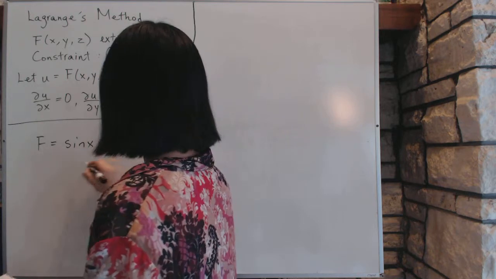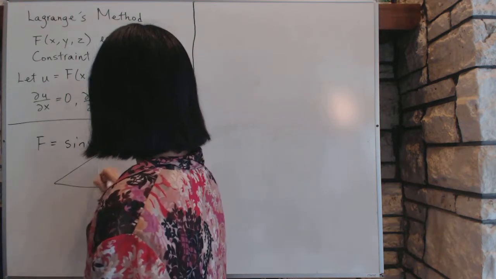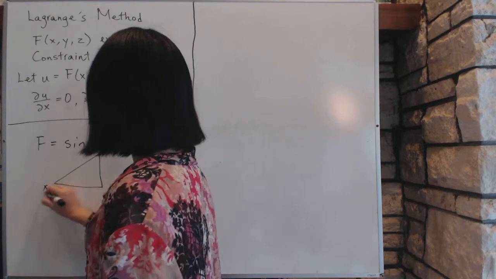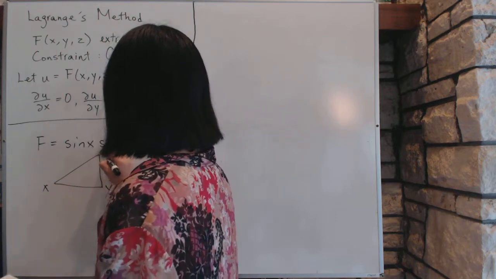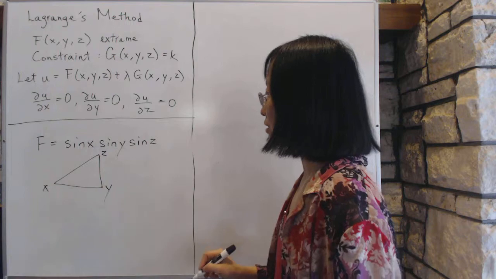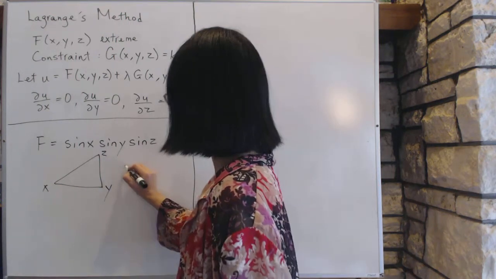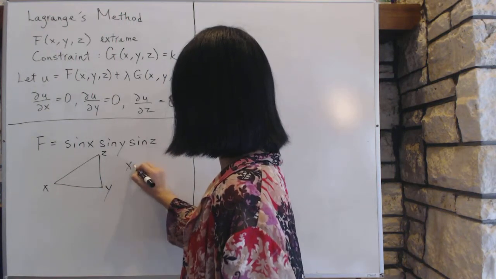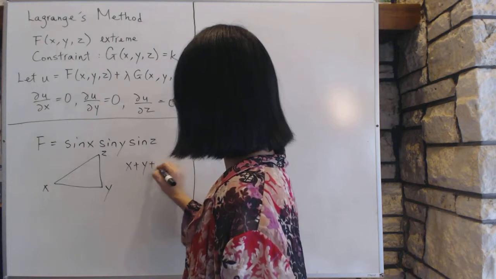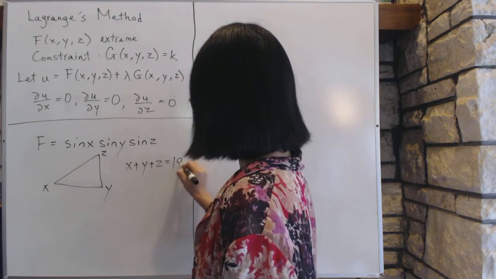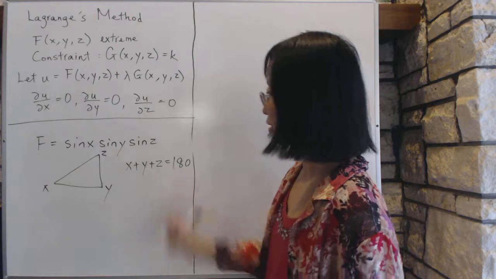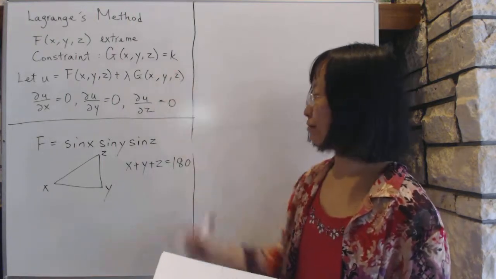I will draw it right here. Okay, so let's say you have a triangle, and this is x, y, and z. So given that is true, what is the constraint? Well, the constraint then is the basic formula of x plus y plus z equal to 180 degrees. That would be our constraint, which is the g value.